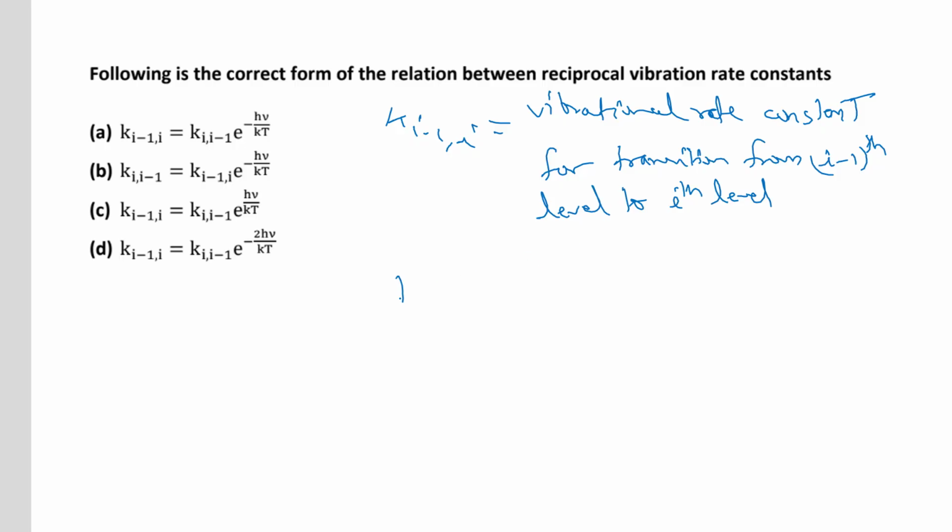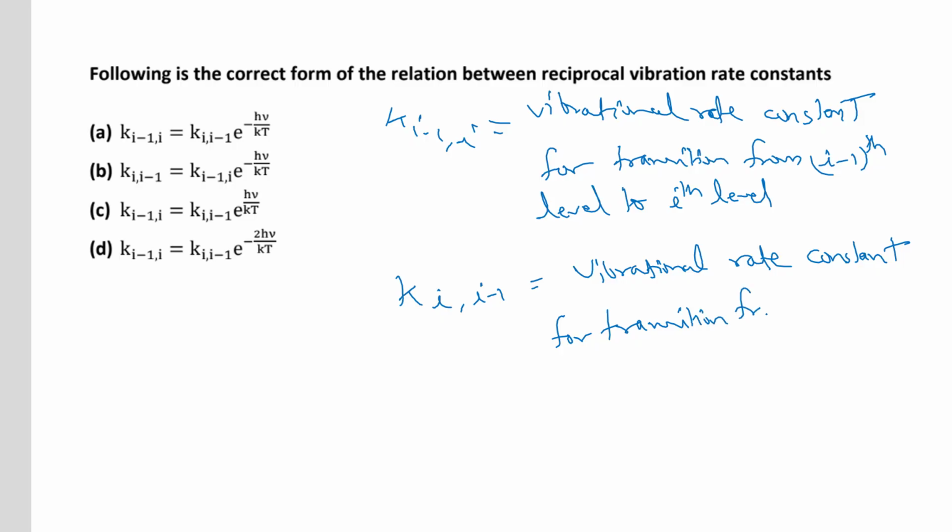Similarly, k(i,i-1) is what? The vibrational rate constant for transition from the ith level to the (i-1)th level.